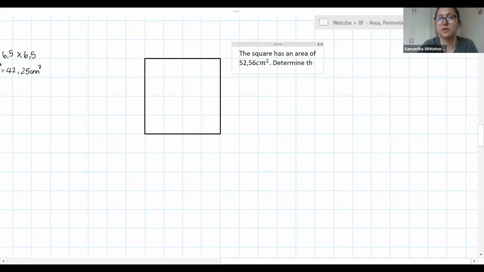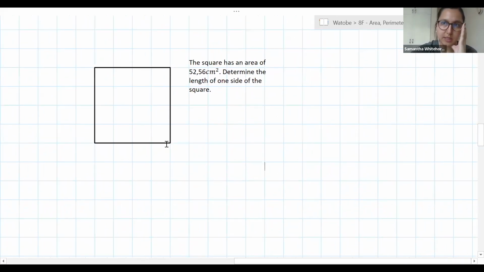Determine the length of one side. Okay, so give this one a go. I've told you that this is a square and it has an area of 52,56 centimeters squared. I would like you to tell me what the side length of the square is.